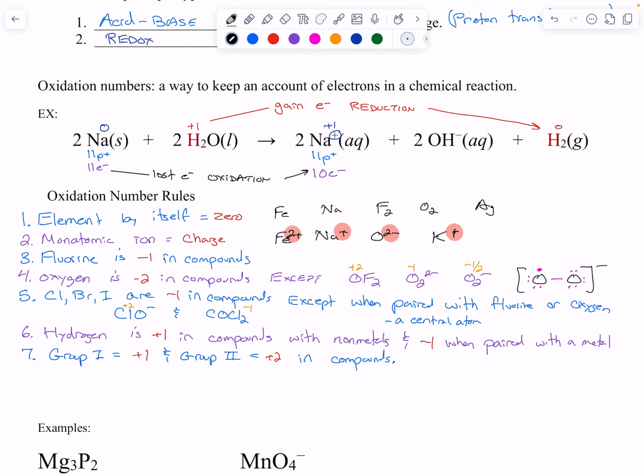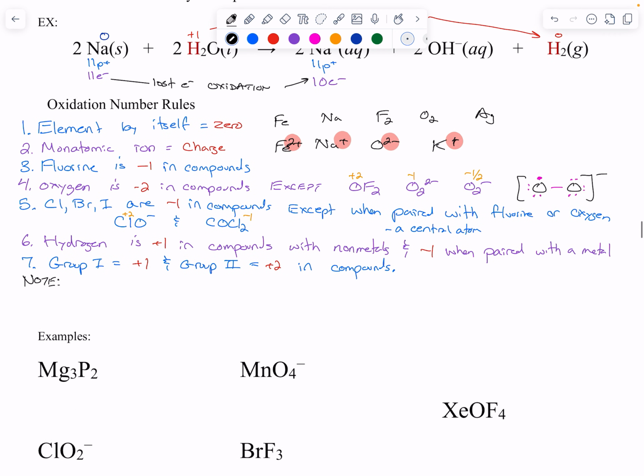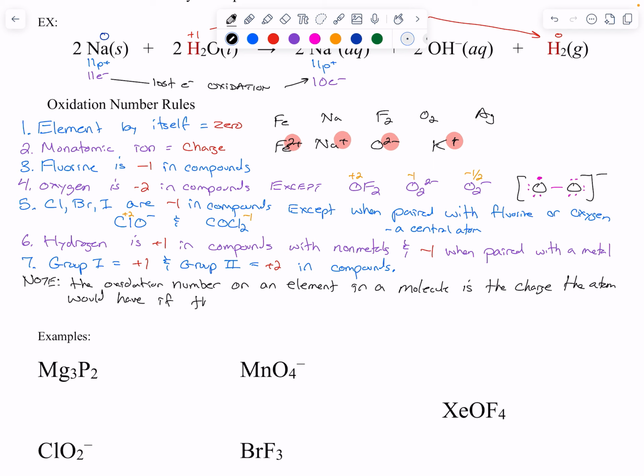Now, a little note here. The oxidation number or state on an element in a molecule is the charge the atom would have if the electrons in the bond were assigned to the more electronegative atom.